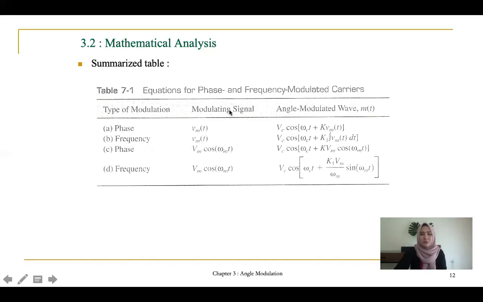However, if the modulating signal is Vm cos omega mt, it will become Vc cos omega ct plus K Vm cos omega mt. And for frequency modulation, if the modulating signal is Vm cos omega mt, just substitute this into Vm, so you will get this equation.